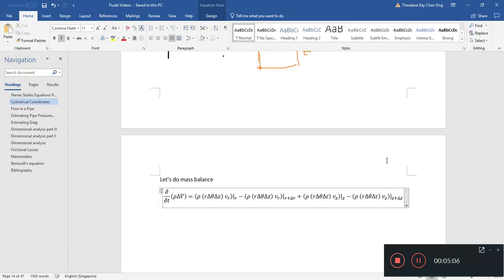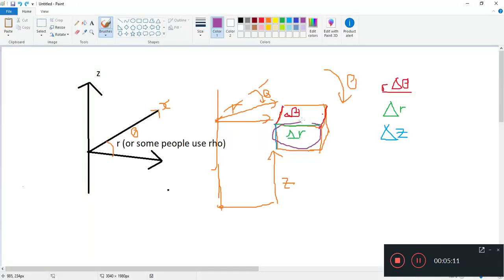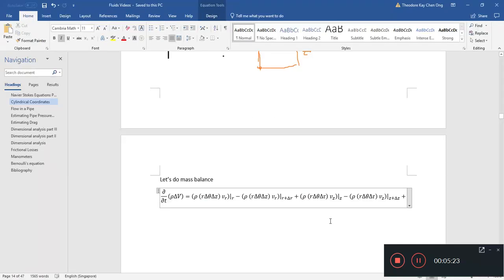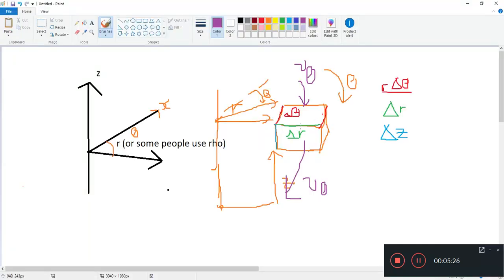Okay, lastly, we want to consider this direction. Okay, these two surfaces. So v theta is coming in here, and it's exiting here. Alright, so what's the area? Area is delta r, and this is delta z.